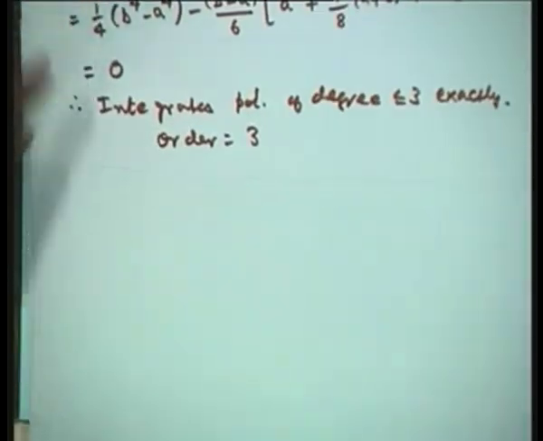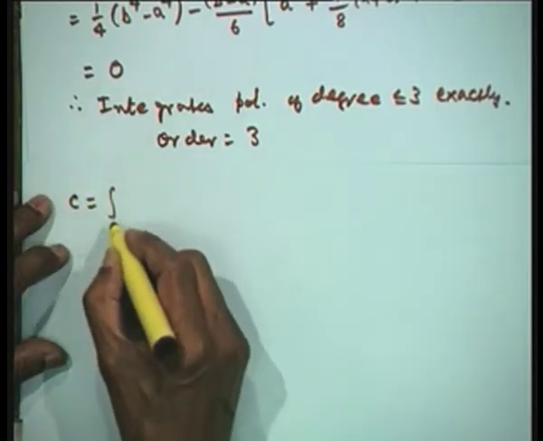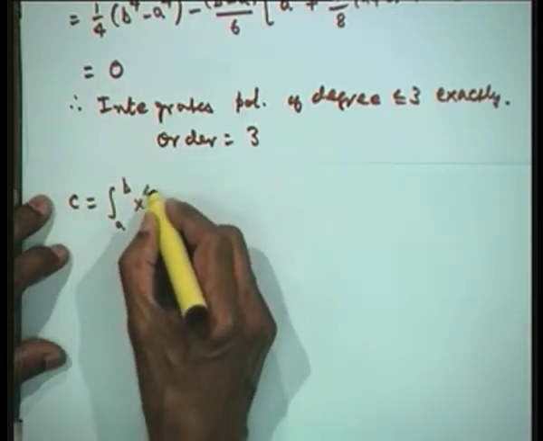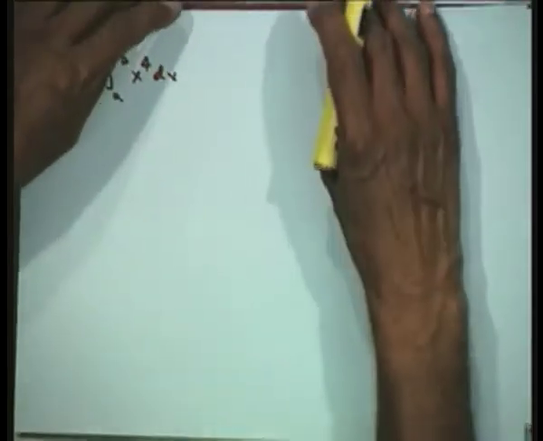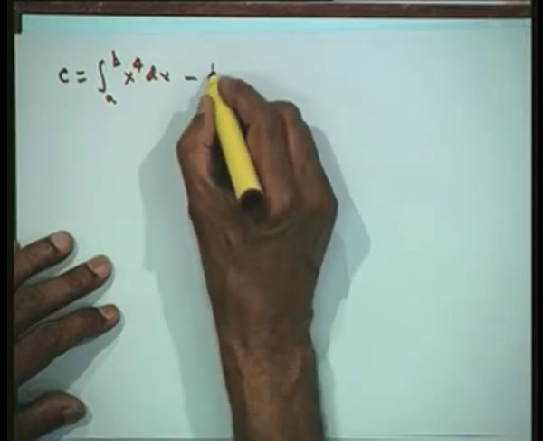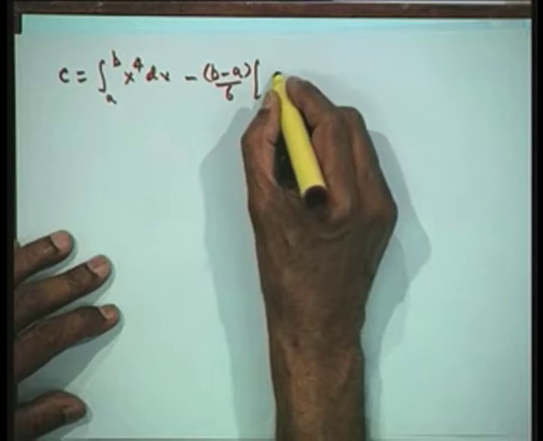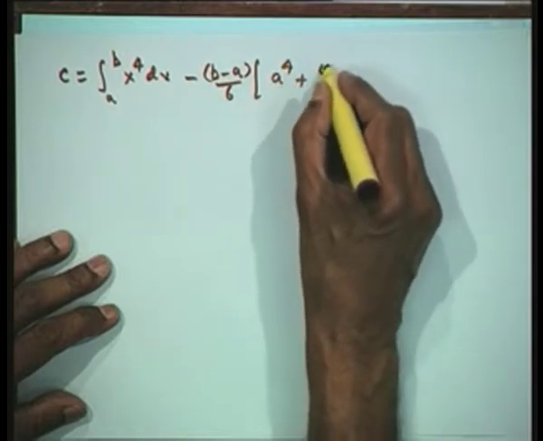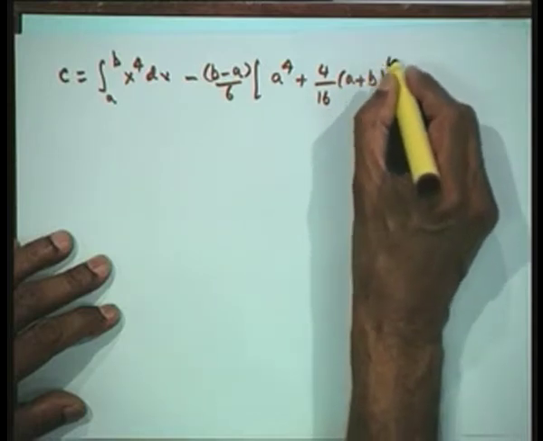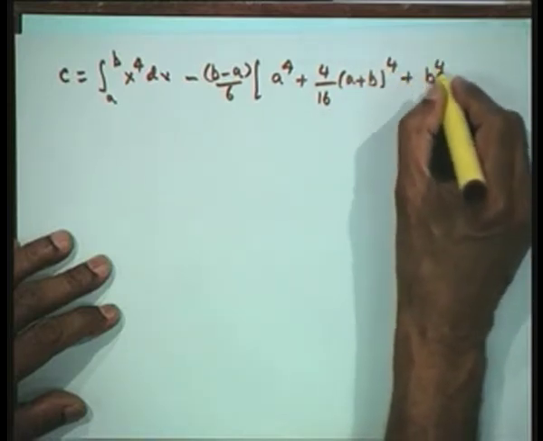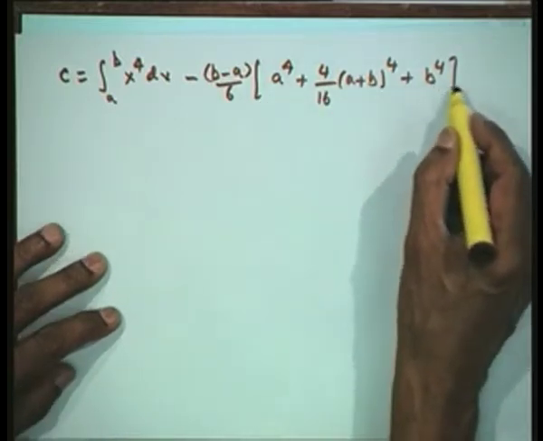Now, I want the constant c, therefore, I must go to the next term, that is I have to go to integral a to b of x to the power of 4 dx, that is the next value of x, minus (b minus a) by 6 times [f of a, that is a to the power of 4, plus 4 times ((a plus b) upon 2) to the power of 4, plus b to the power of 4, f of b].